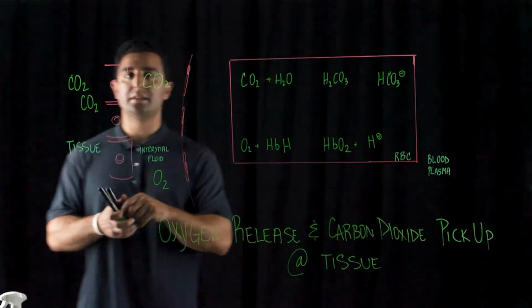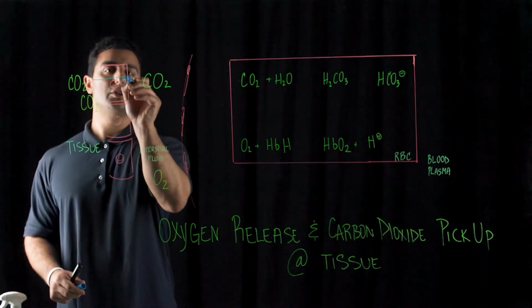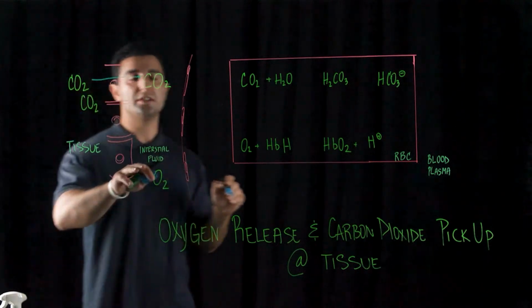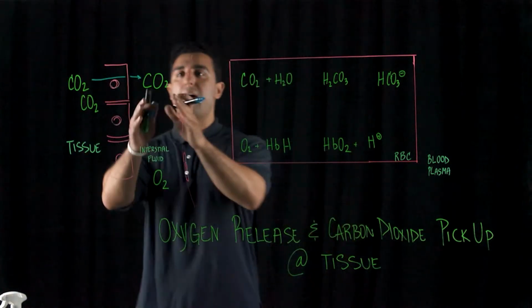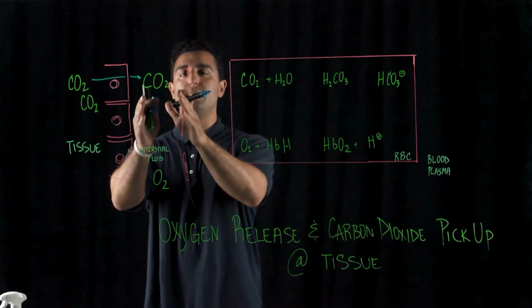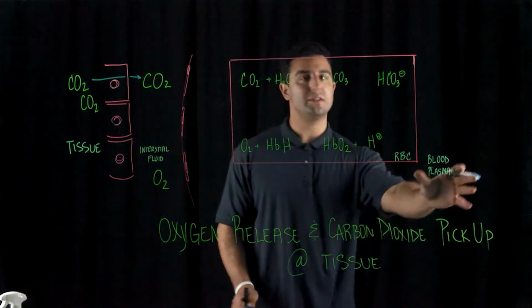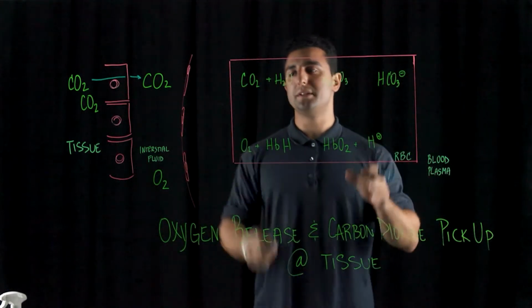So the carbon dioxide goes out of the tissues and enters the interstitial fluid in the interstitial space, right? After this region, it goes into the blood plasma. This entire region is the blood plasma. This little box here is the red blood cell.